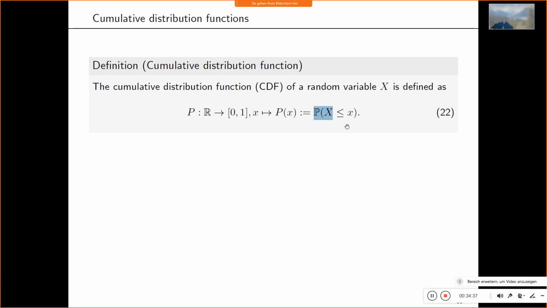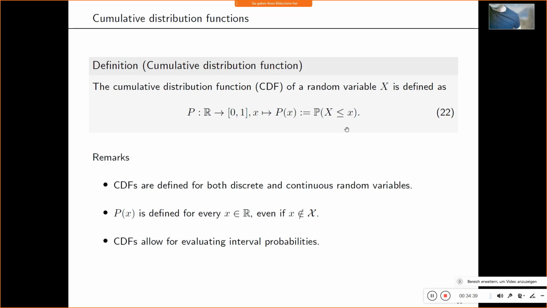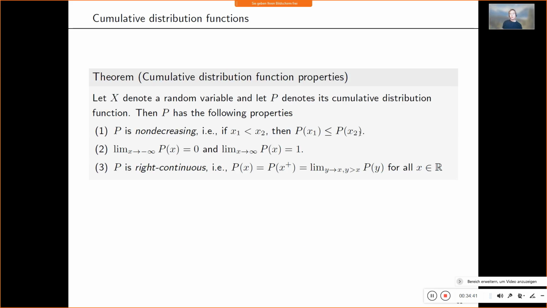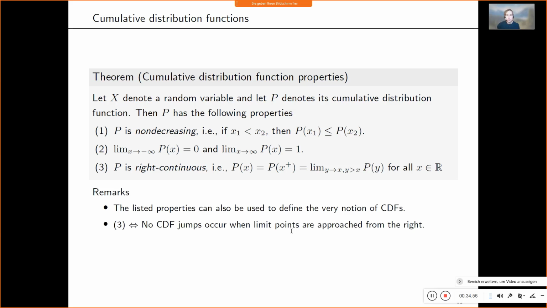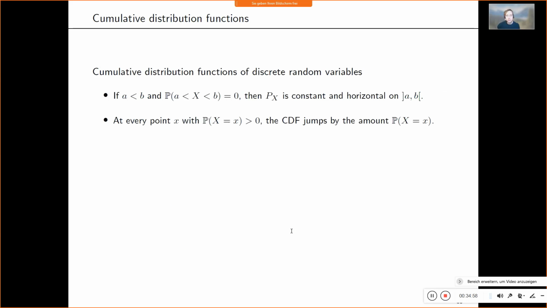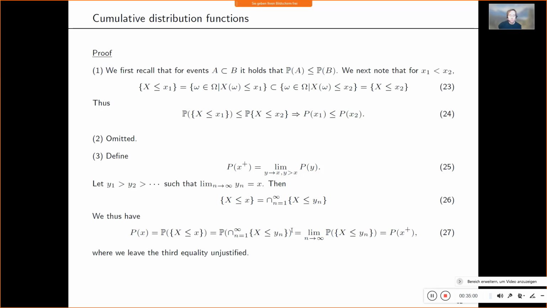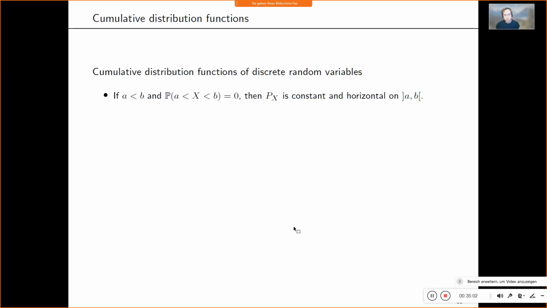And we have seen that from this definition there follow at least these three properties: that it's non-decreasing, that it approaches 0 if you go to minus infinity and 1 if you go to plus infinity, and that it's right continuous. But we haven't really talked about how they look for continuous or discrete random variables, and this is what we want to do now.